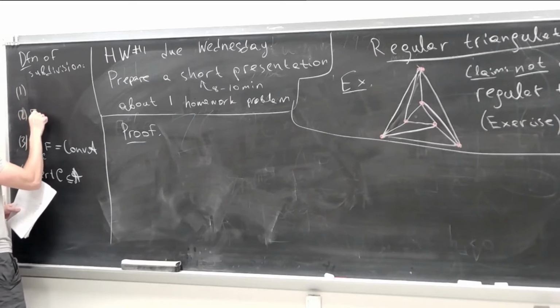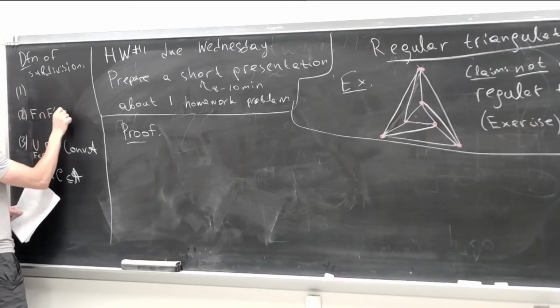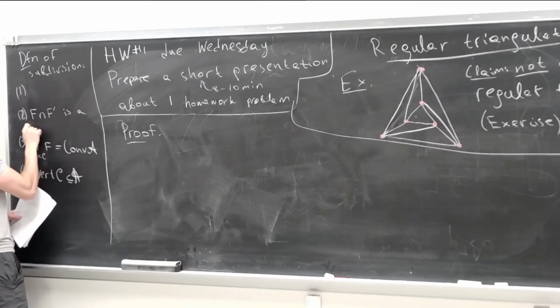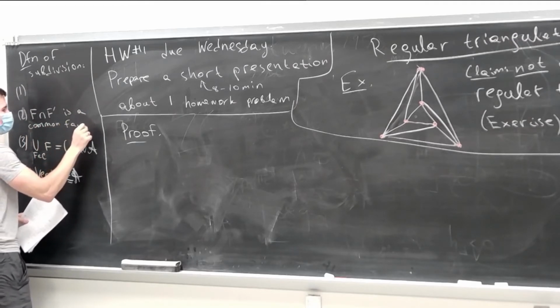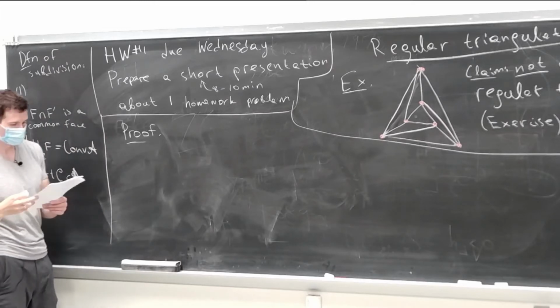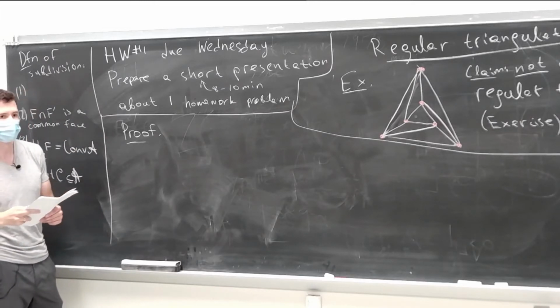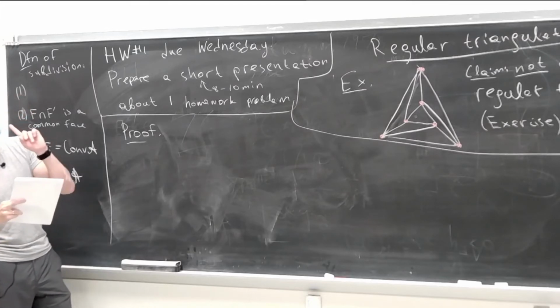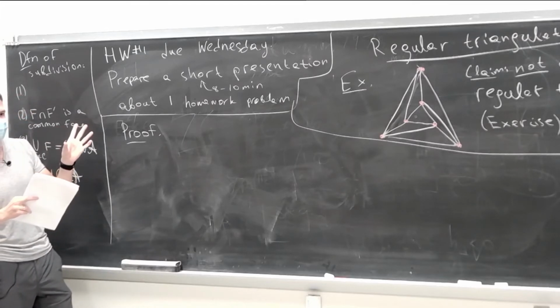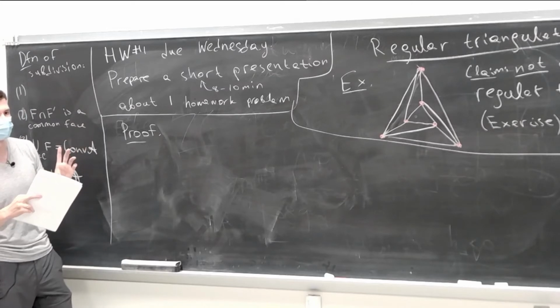Okay. Intersection of any two faces is a common face of both of them. All right. All faces of the original polytope, and moreover, all faces of each polytope in the subdivision are right.